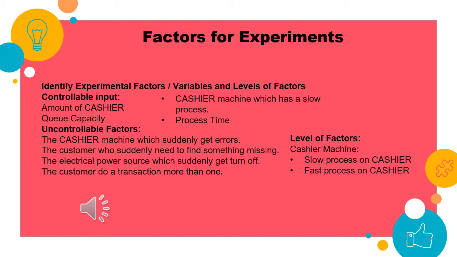The first is in the controllable input, we have amount of cashier, queue capacity, cashier machine which has a slow process, and the last is process time.